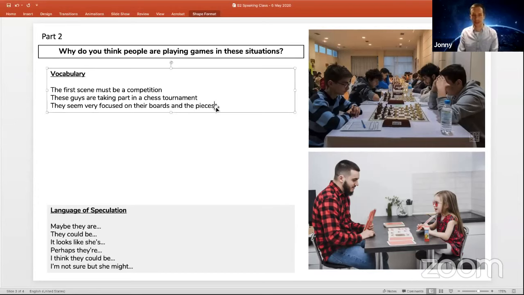Okay, good. Do they look relaxed? Do they look happy? They look focused. Yeah, everybody says they are focused. It seems they are very focused on their boards.